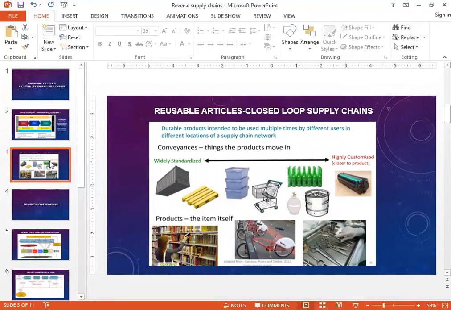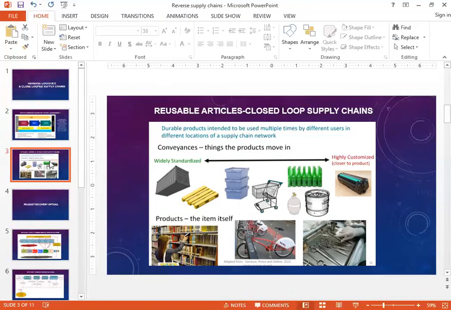All right, next up, I'm going to talk a little bit about what a closed loop supply chain is. And again, it sounds very complicated, but hopefully once I explain it to you, you'll realize that it's not all that complicated. So basically, closed loop supply chains are used in reusable articles.